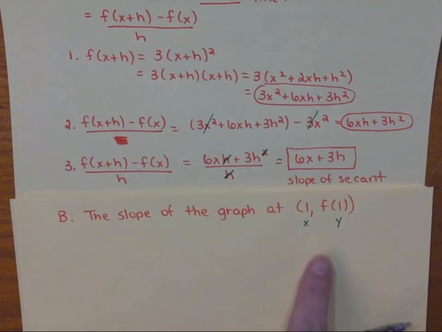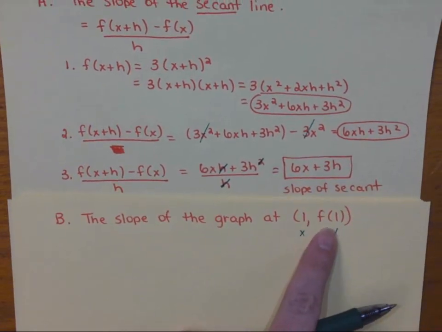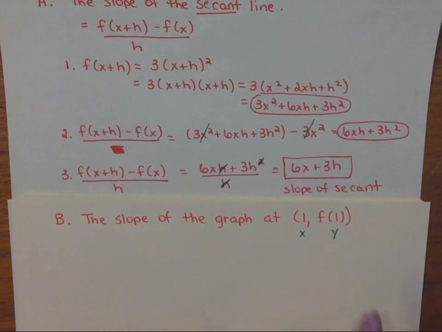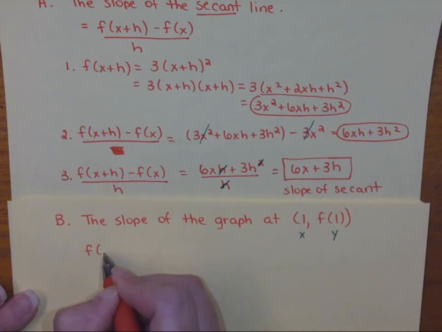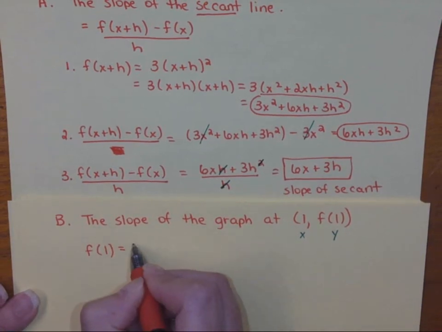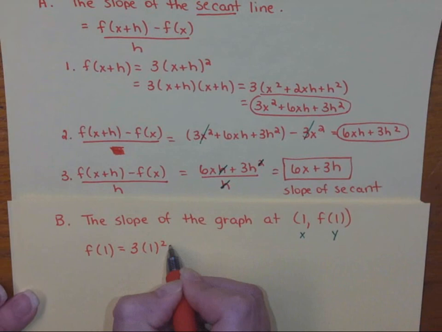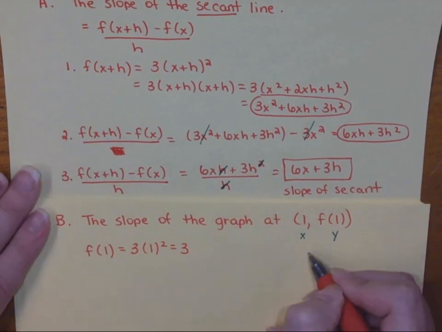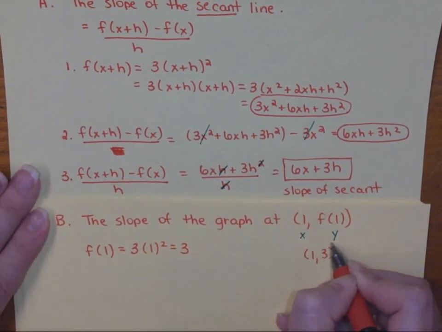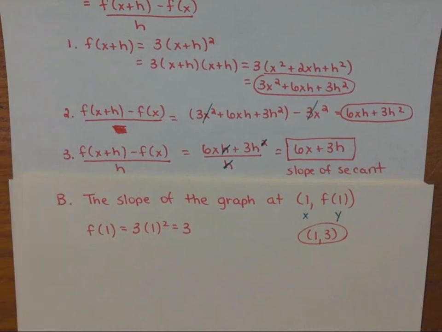Like this is your x and this is your y. This just means to get the y, we're going to plug in 1 into f. So if you want to, you can go ahead and find out what f of 1 is. Just plug it into the original, right? 3 times 1 squared would be 3. So what they're really asking you for is the slope of the graph at 1, 3.